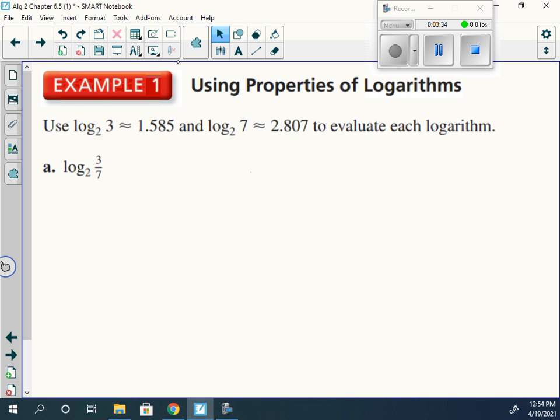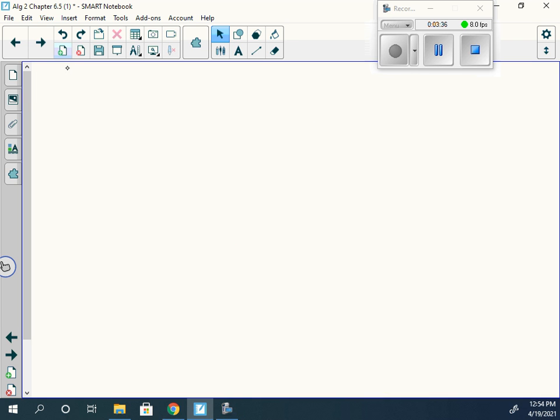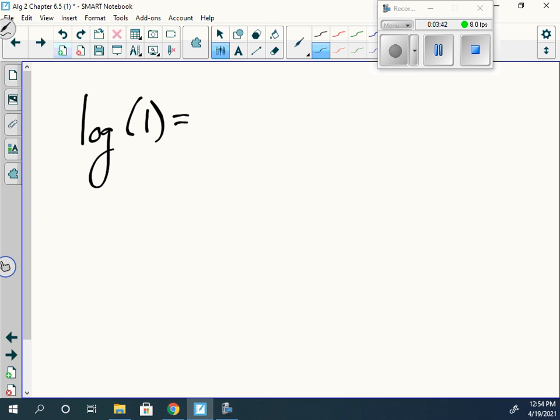And one other interesting one that we have, and this is not in your notes, is talking about log of 1. Well, what is log of 1? You can plug it in the calculator and see. It is 0. How about the natural log of 1? It's 0.